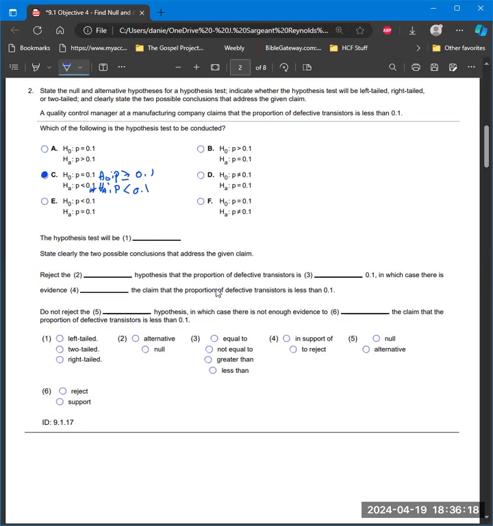So the hypothesis test will be left-tailed because it's going to the left. We can reject the null hypothesis that it is, and again, they're going to say equal to. I'm going to say greater than or equal to.